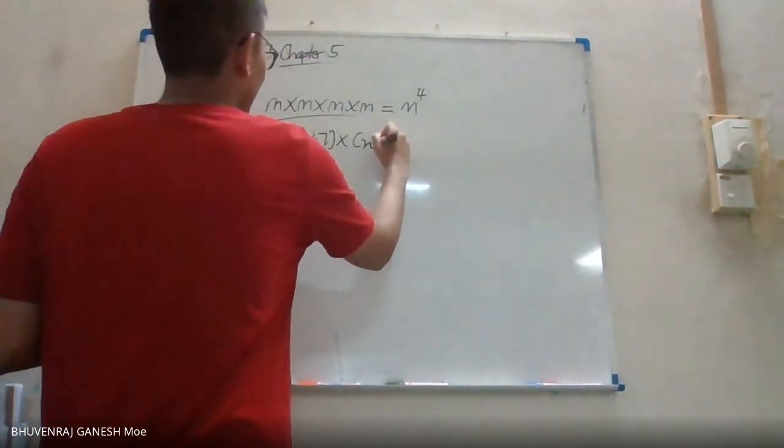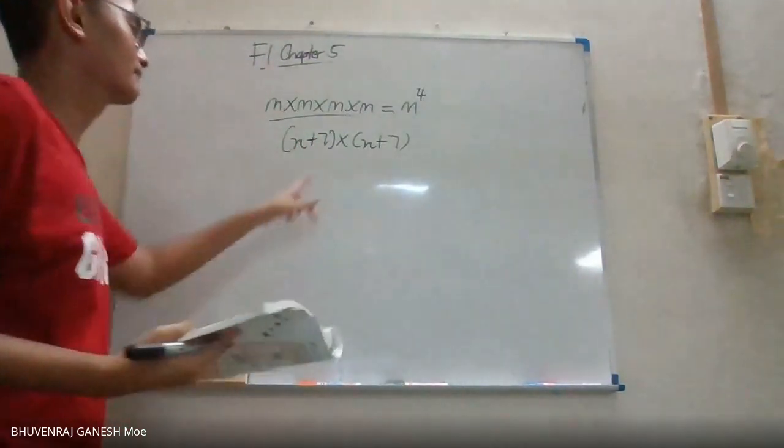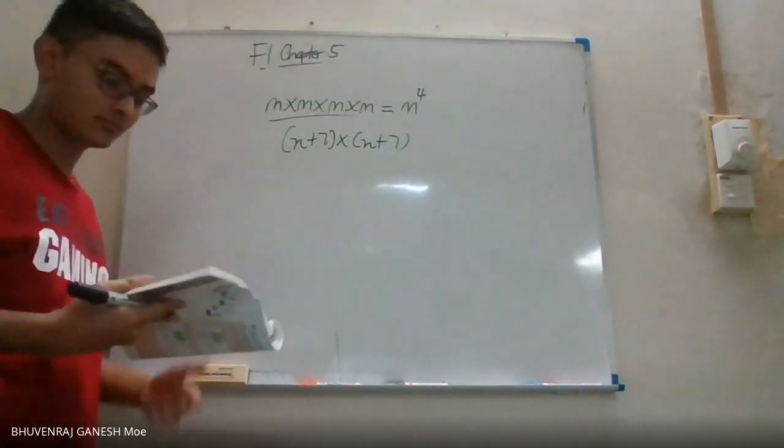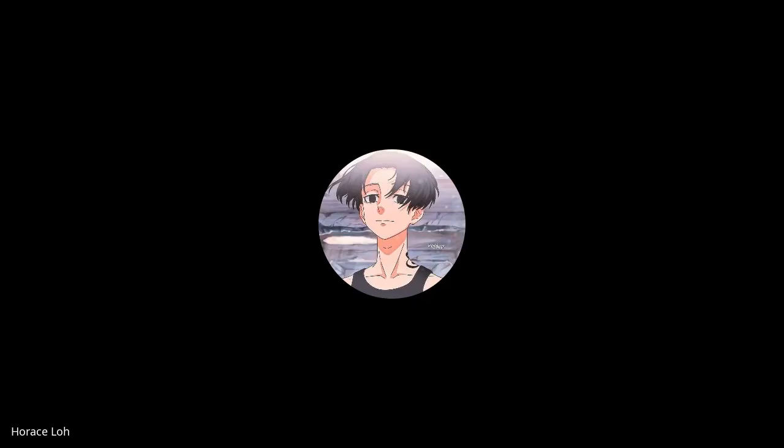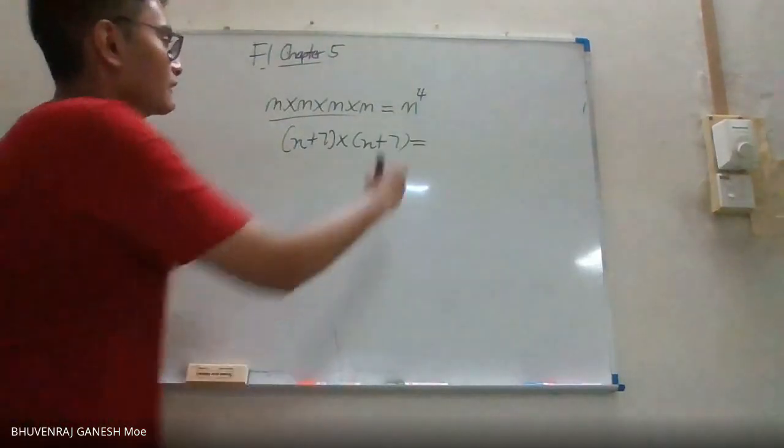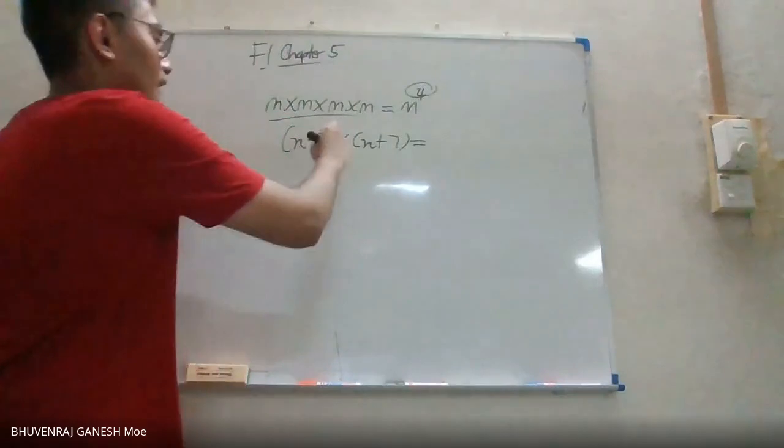So what you get here, if you do x plus 7 times x plus 7, you can just leave it in the form of the square here. You don't need to expand one by one.